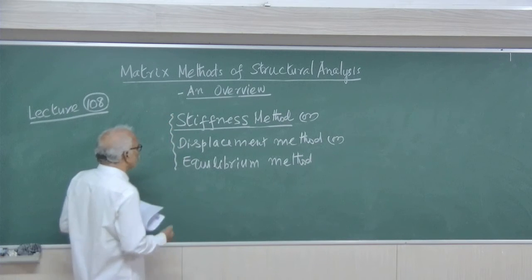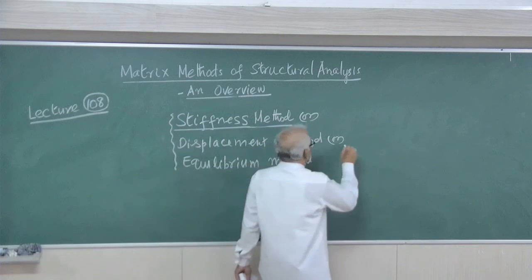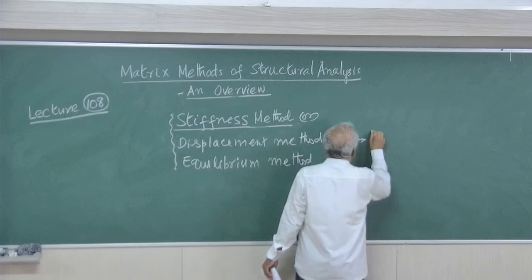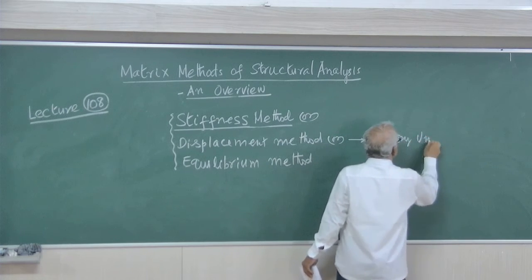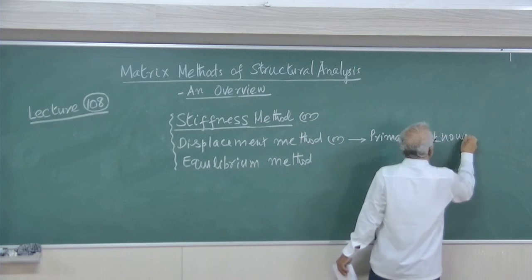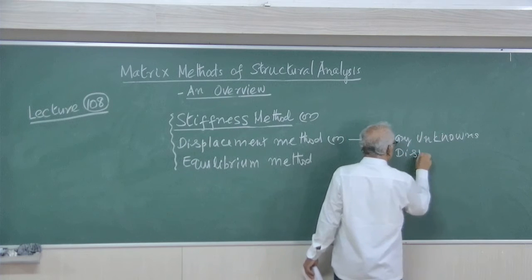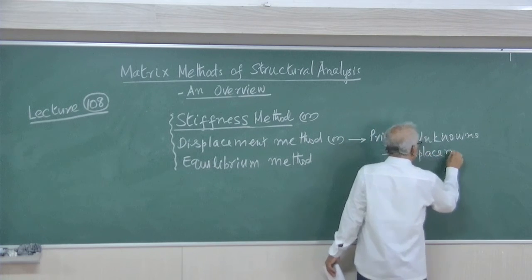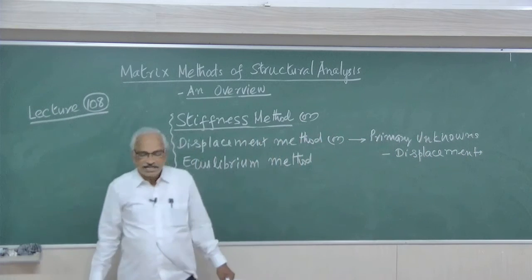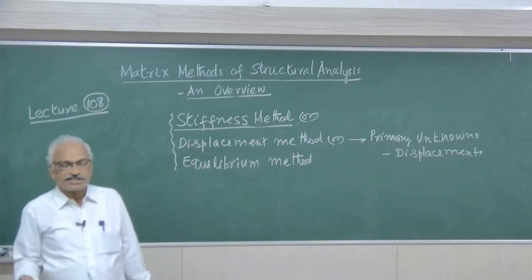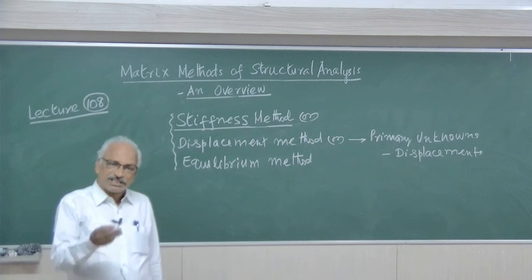Now, why is it called a displacement method? Here, the displacements are the primary unknowns. Finally we will be interested in getting the forces, I mean moments and shear forces, etc. But here we get the displacements first.